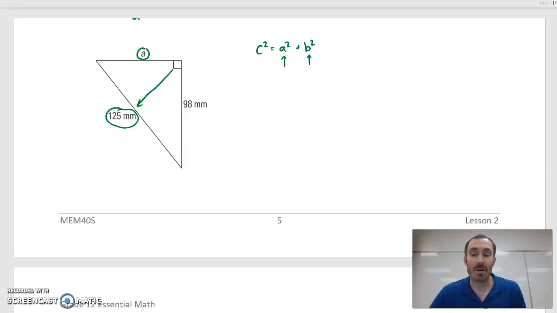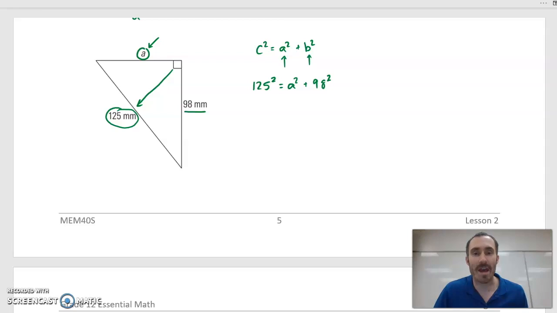So we're going to put the 125 in for C. And then this 98 has to go in either the A spot or the B spot. It doesn't really matter. But because the other one is labeled A, let's leave it A, and let's put the 98 in the B spot.